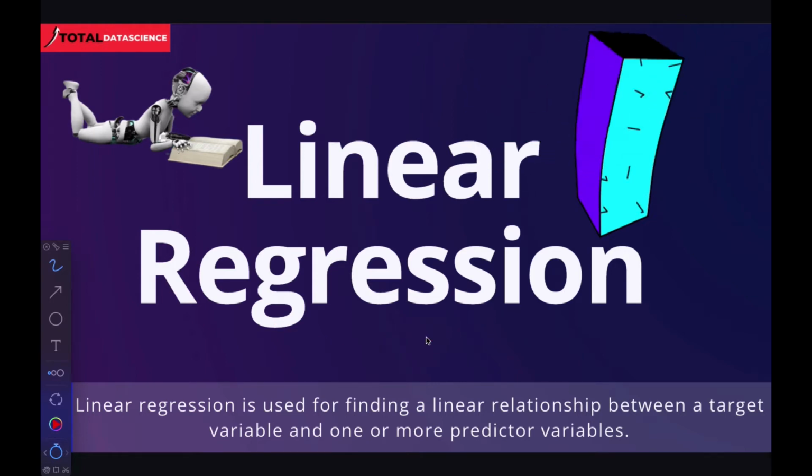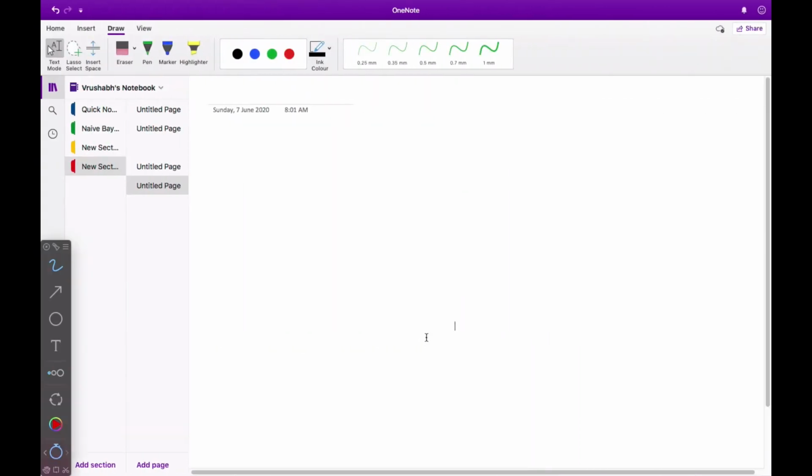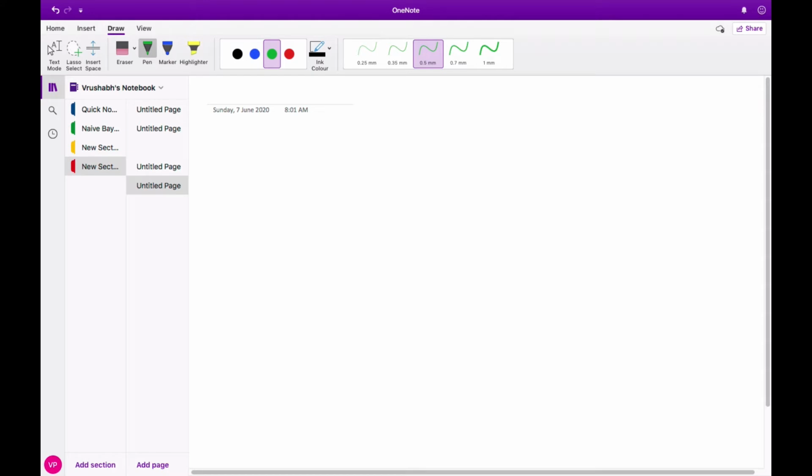Let me go to the board and give you a simple difference between regression and correlation.